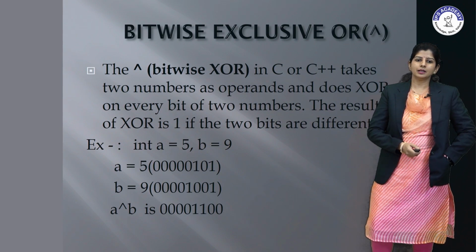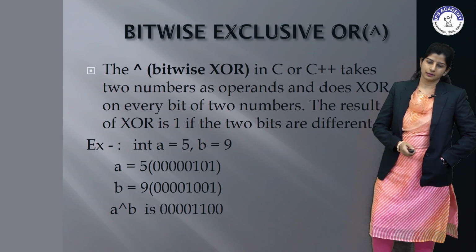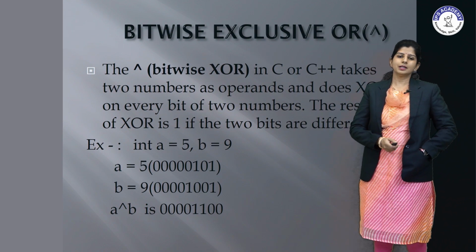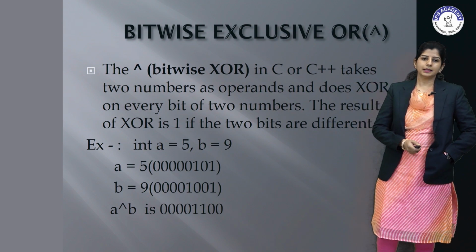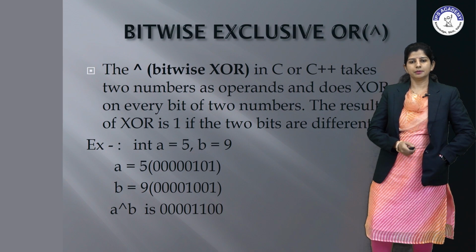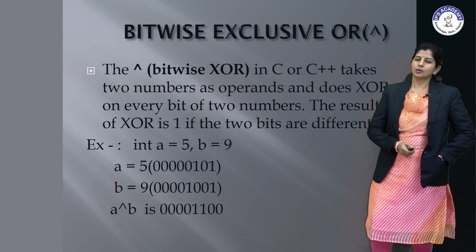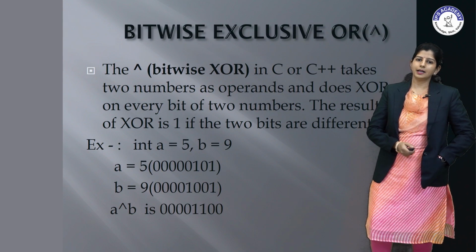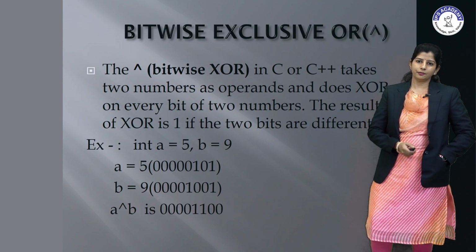When only one is 1, then the result is 1. In the last OR operator, what were we getting? Any one is 1, then 1. But here, if both are 1, then it is not 1 but 0, and 0 0 is 0, 1 0 is 1, 0 1 is 1, and all the rest are 0. Only a slight difference from the OR operator.